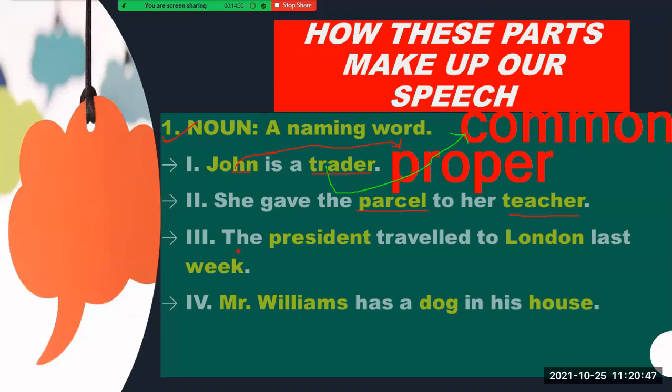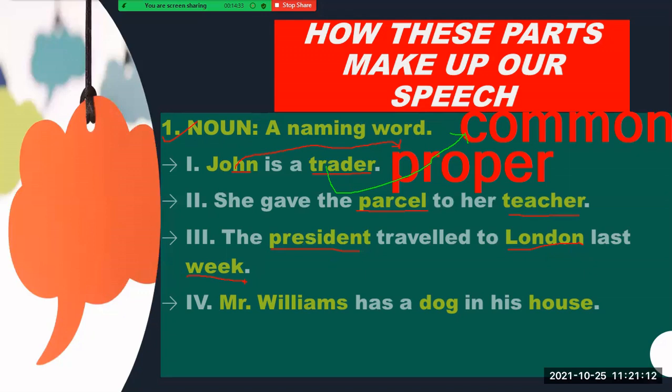Then the third example: the president traveled to London last week. President is the name of a person. London is the name of a place. And week is the name of a particular period of time. Seven days make a week.